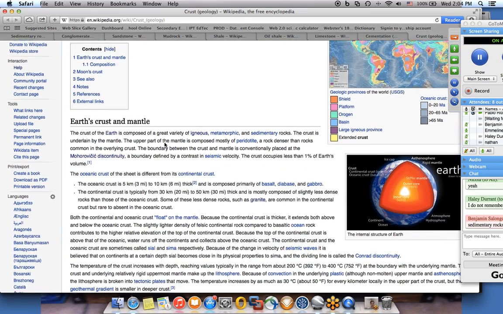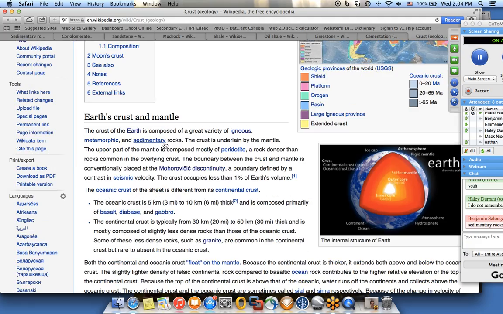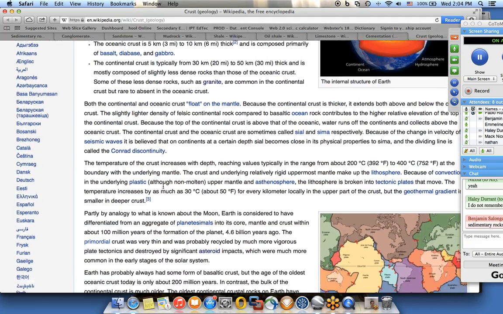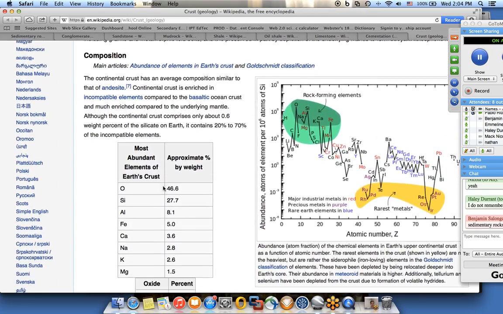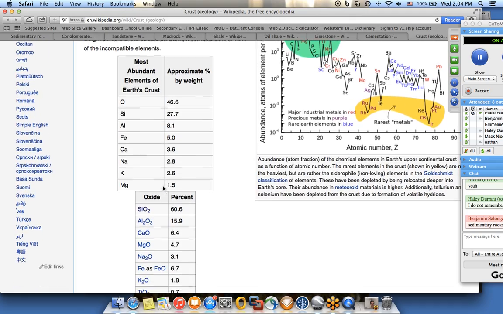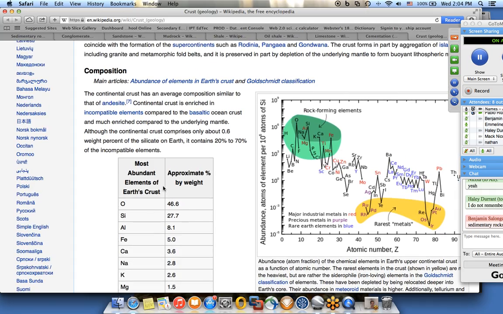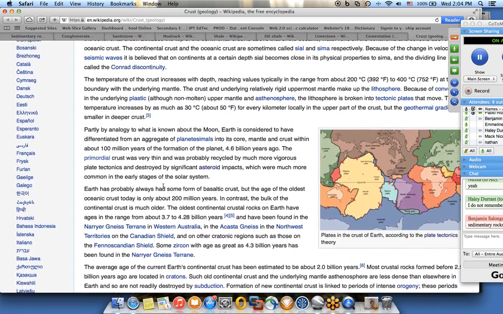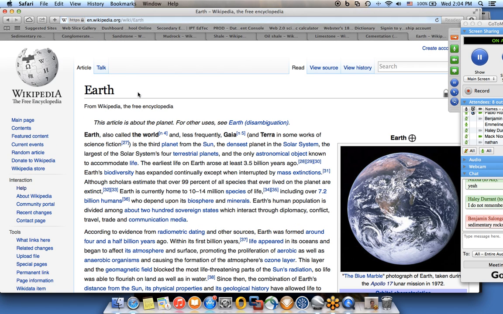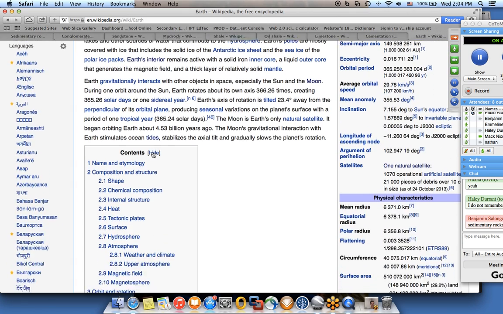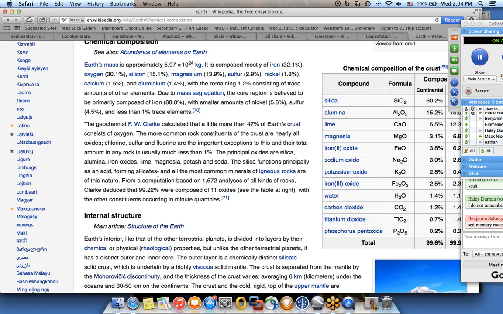Let me increase the size. So composition of the Earth crust, and here we have the different elements that compose the Earth crust. This wasn't the article, it was the Earth's article that had that. So here on the article about the Earth, we go to the section of chemical composition.